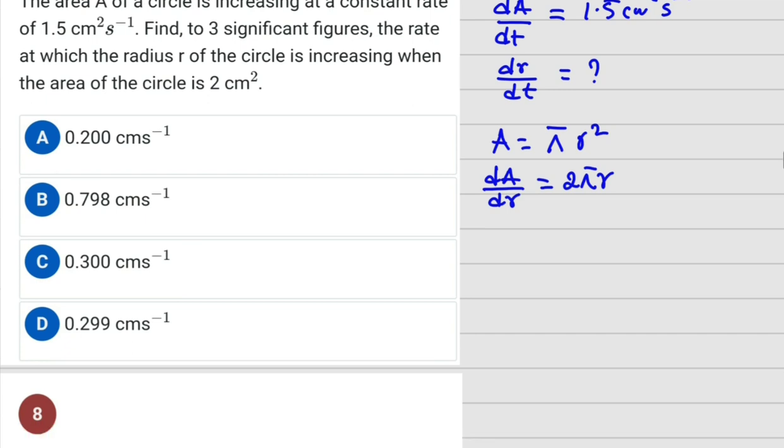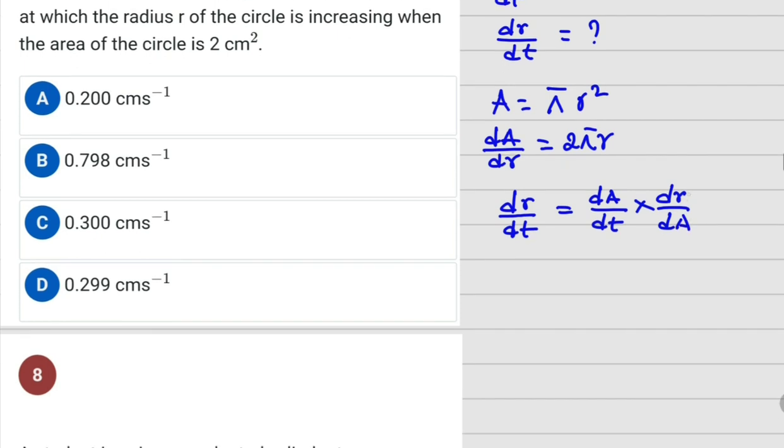Now, do you know that for me to get dr by dt, I can say it is equals to dA by dt times dr by dA, so that by the time dA cancels dA, we'll still end up with dr by dt.